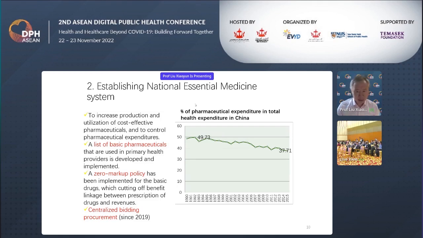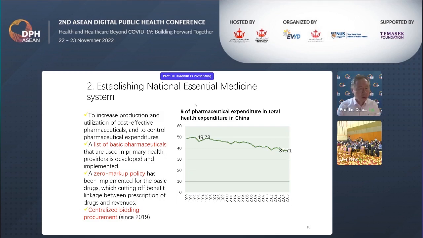I suppose in some ASEAN countries we also have a higher pharmaceutical expenditure. Part of the reason is on the health system and part on cultural issues. So the purpose of this part of the reform is to increase the production and utilization of cost-effective pharmaceuticals and to control the pharmaceutical expenditures.